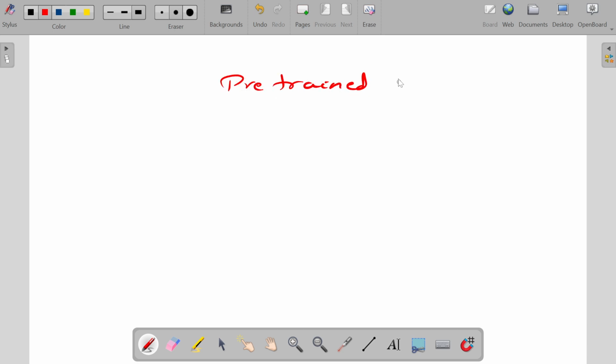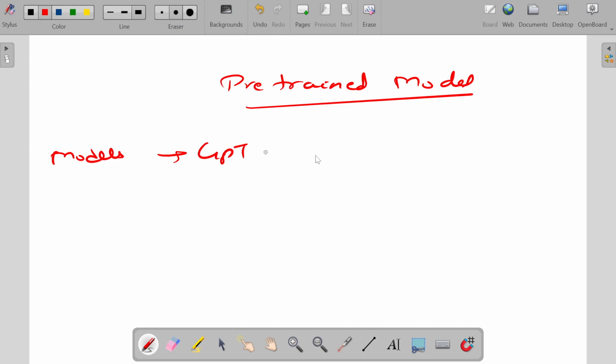Some of you may already know this, but let's understand it for those who do not understand the concept of pre-trained models. We have called some models. We invoke the GPT models, we invoke the DeepSeek models. These are called pre-trained models.